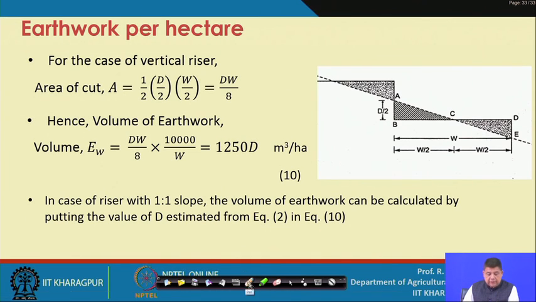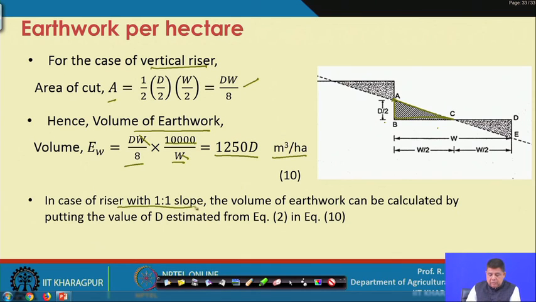And for the vertical riser, it is very simple. We have to find this area, and it comes out to be half times D by 2 times W by 2, or D W by 8, and volume of earthwork will be D W by 8 times length, which is 10,000 by W. So, W gets cancelled. So, we get 1250 D cubic meter per hectare, that is the earthwork per hectare.